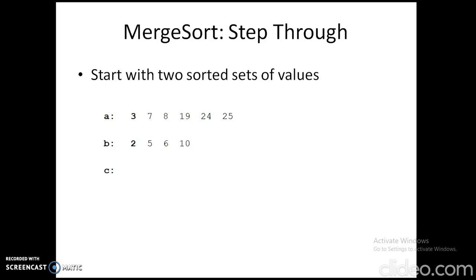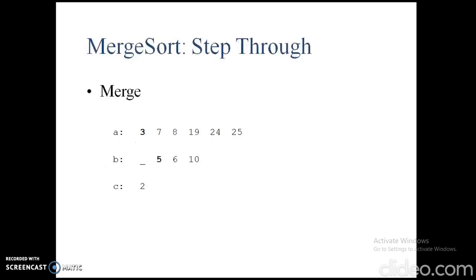In order to merge these two sorted arrays A and B into C, I take the first element 3 in the first array A and the first element 2 in the second array B. I compare them: 3 is compared with 2. Which is lesser? 2 is lesser. Copy that element to my temporary array, which we call C.